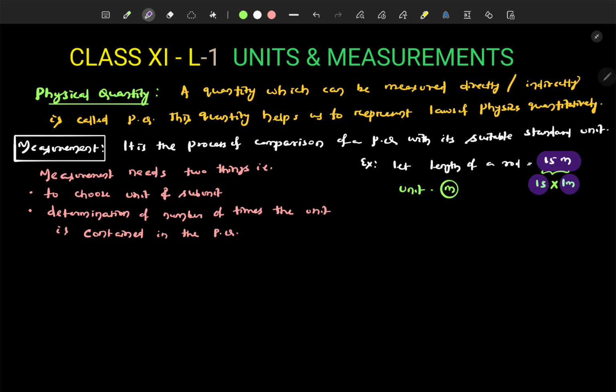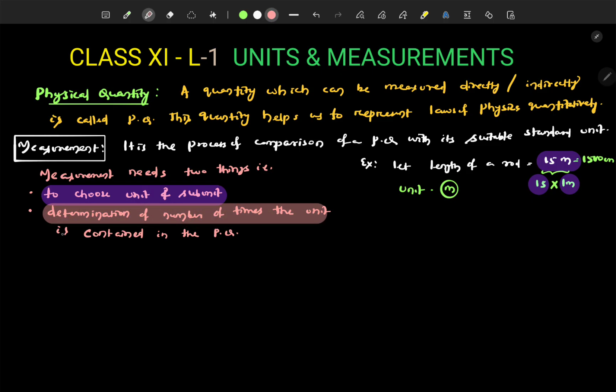So measurement needs two things. First is to choose unit and subunit; this 15 meter can be written as 1500 centimeter, so centimeter is the subunit. And second is the determination of how many times the unit is contained in the physical quantity, 15 times in this example.